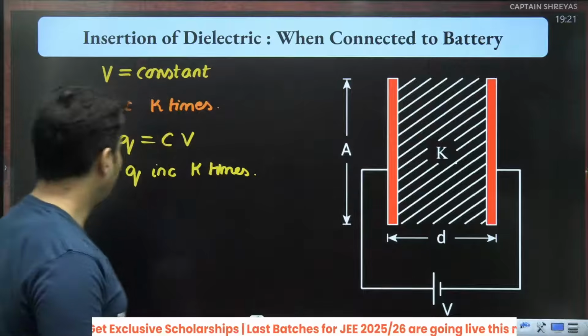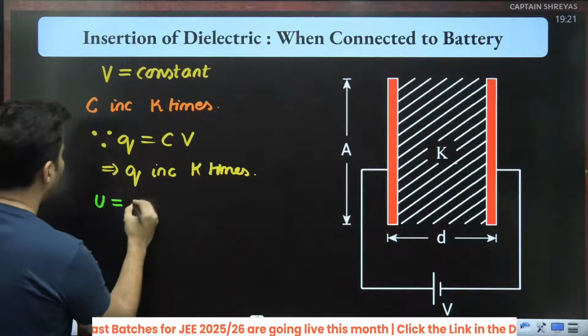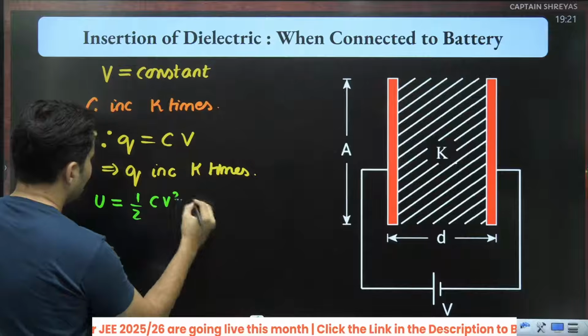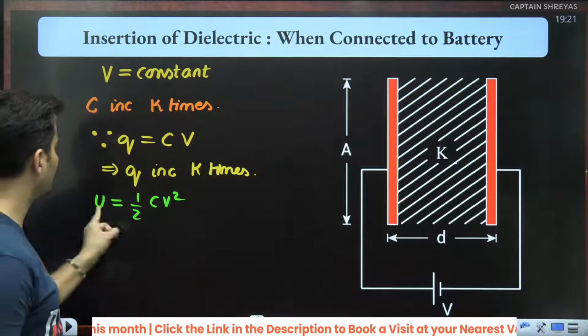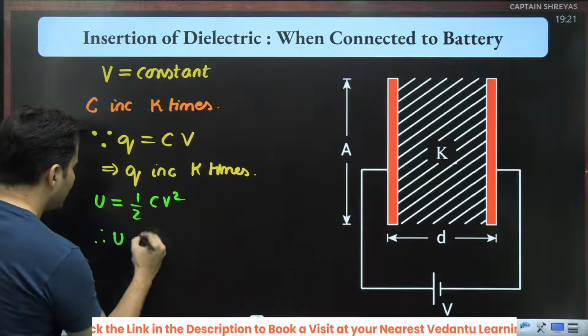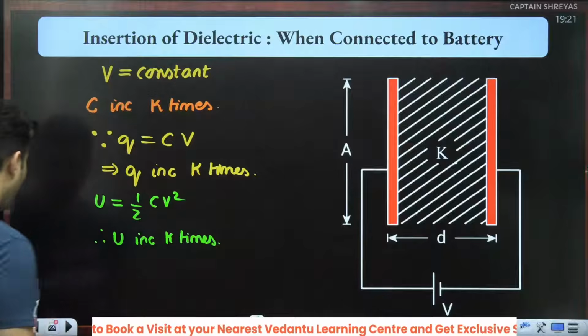Now, next concept, energy. I will use the formula half CV square because voltage was a constant. Capacitance increased k times. So, therefore, energy increases k number of times.